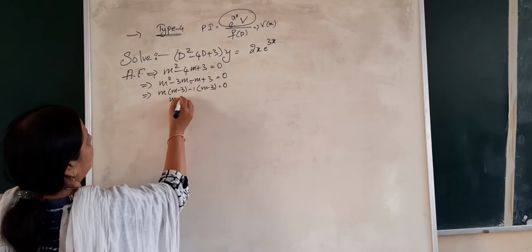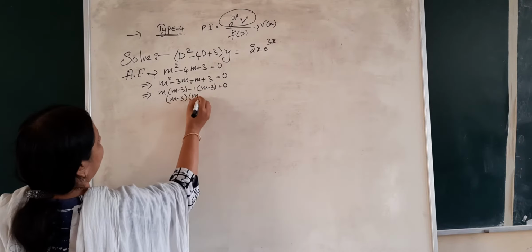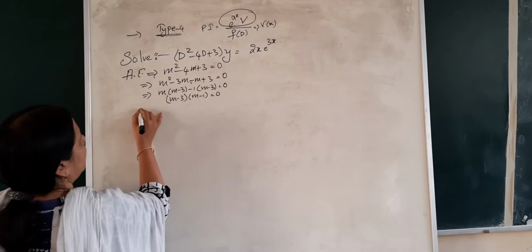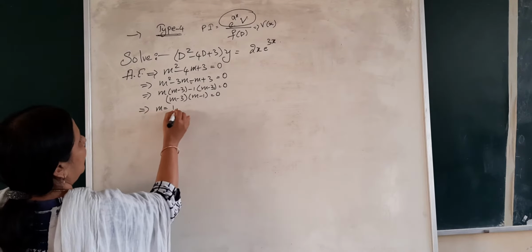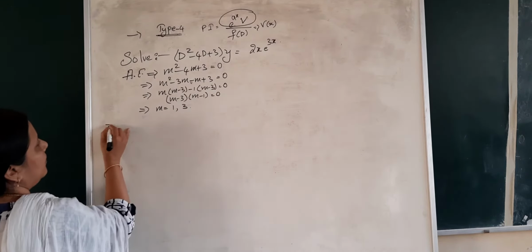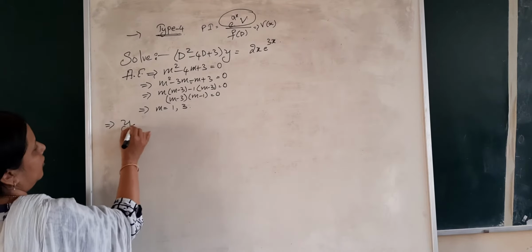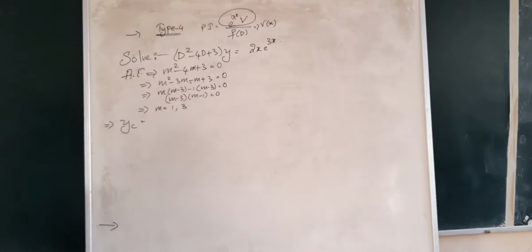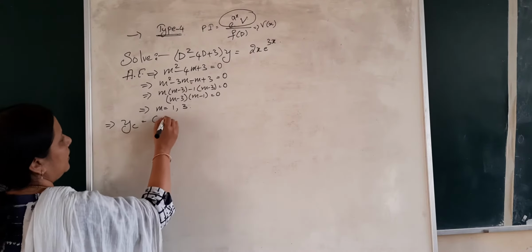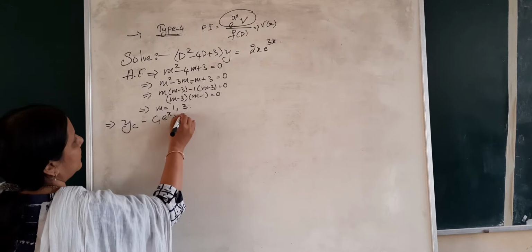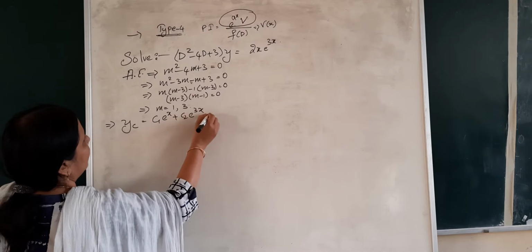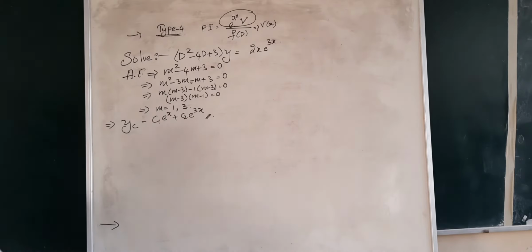So the factors are m minus 3 and m minus 1. Therefore, m takes the values 1 and 3. These are the distinct roots. We have the complementary function, therefore, given by yc is equal to c1 e power 1x plus c2 e power 3x. So this is the complementary function.